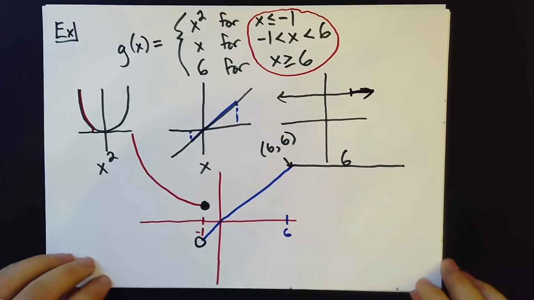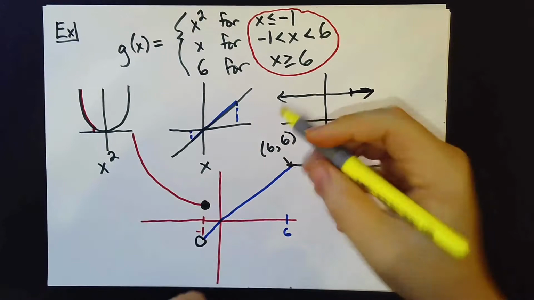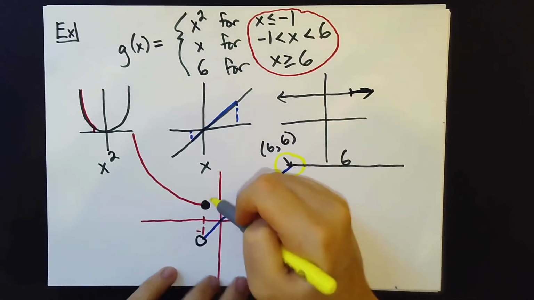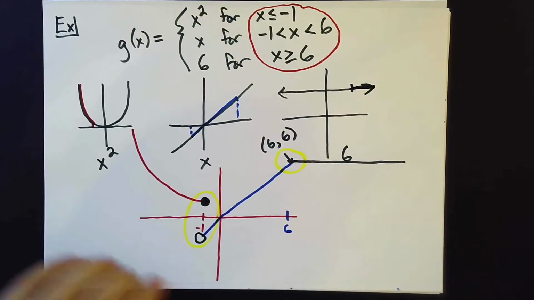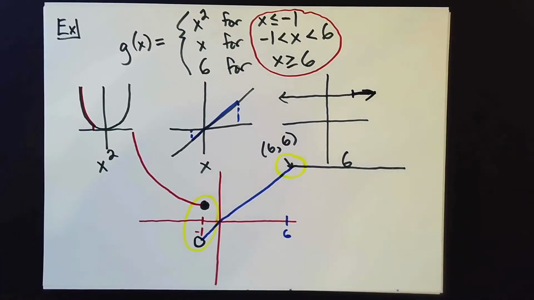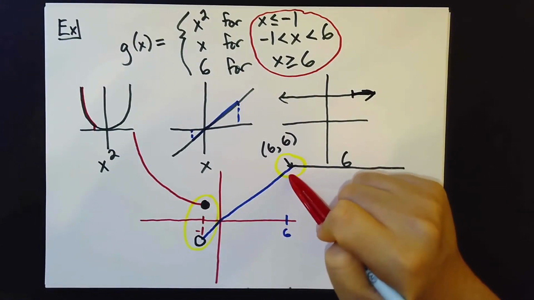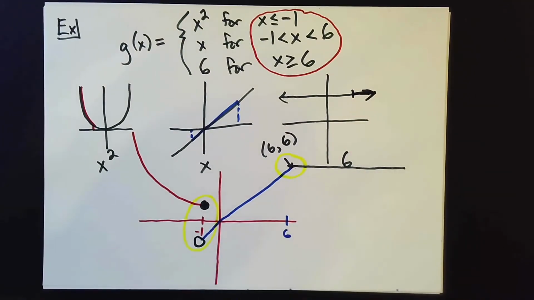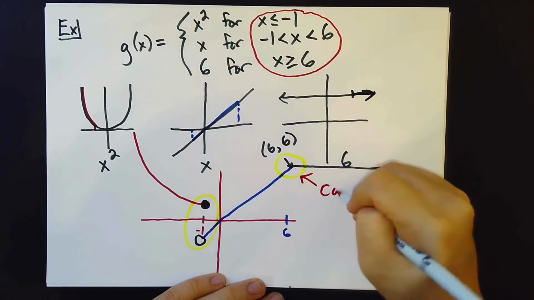Notice two rather different things happened at this point when we put those two pieces together, and at this point when we put these two pieces together. In fact, you could argue we did a much better job of putting the pieces together here than we did over here. Okay, and we have a word for this, namely our word for this is continuous.